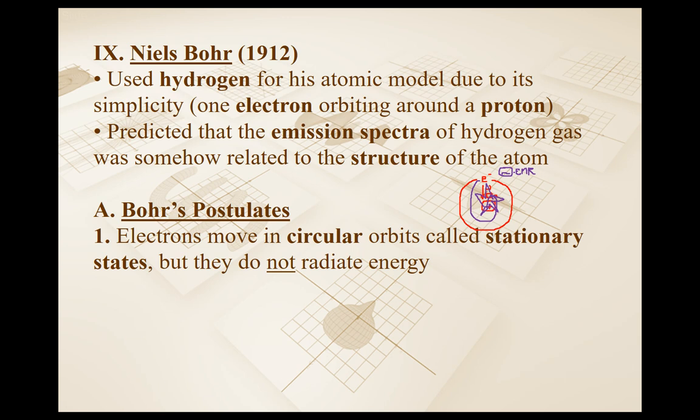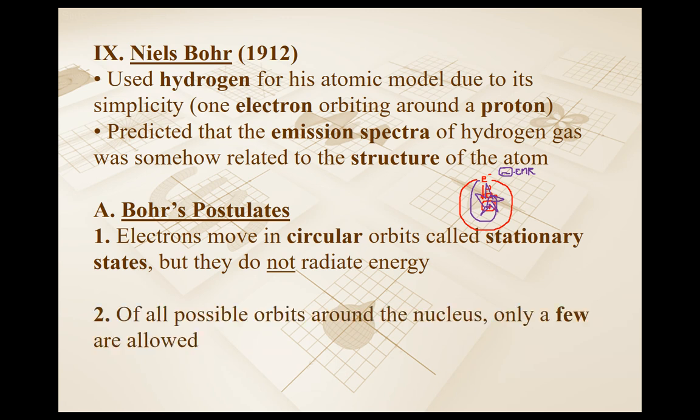So this is something we're going to have to explain in the next lesson in terms of why does an electron not emit EMR. So all he's doing right here is just saying, yeah, I acknowledge that they should, but they don't. 2, of all possible orbits around the nucleus, only a few of them are allowed.